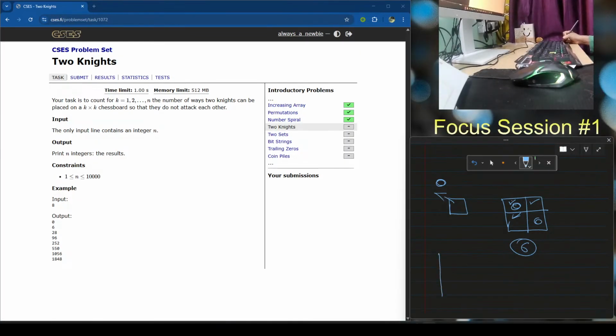If I consider 3 cross 3, 3 rows and 3 columns, how many ways are there? If I place a knight here, I can place 1, 2, 3. I can't place it here, where I cannot place the next knight, I mean the other knight. So if I place a knight here, I cannot place the other knight here or here. And any other condition?